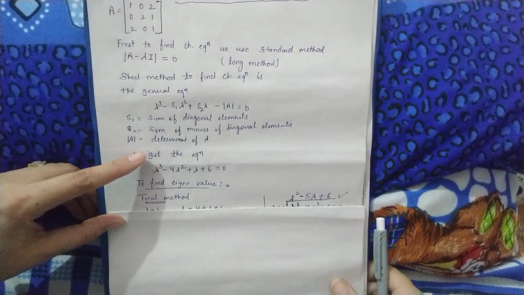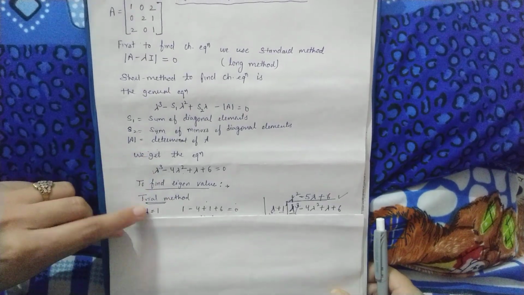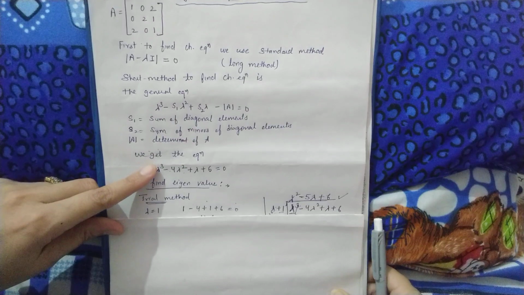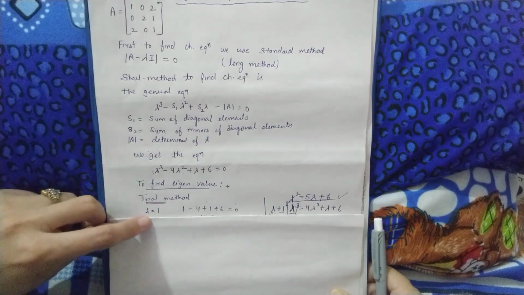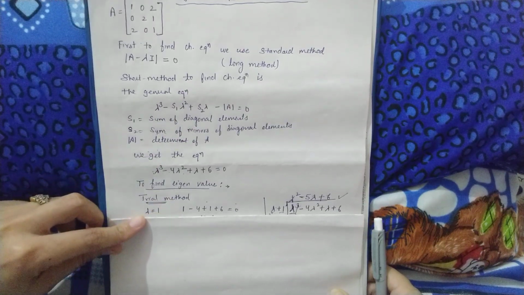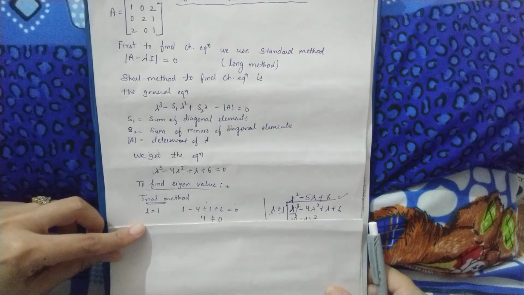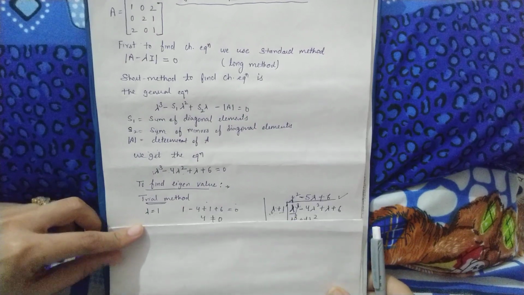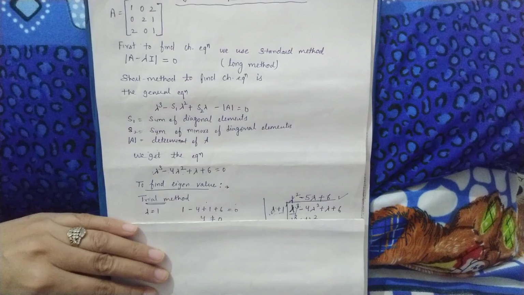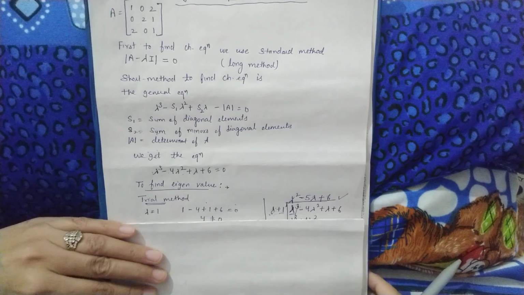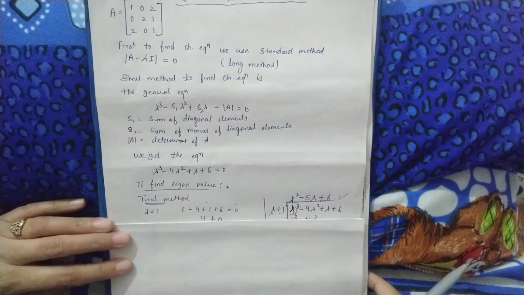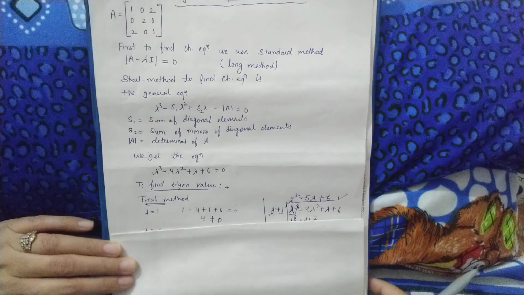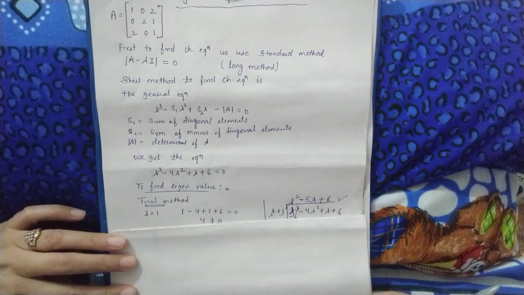For example, I am taking lambda is equal to 1. If I put lambda is equal to 1 here, we get 1 minus 4 plus 1 plus 6, which becomes 4, not equal to 0. That means it is not a root of the given equation, because it does not satisfy the equation. Again I try lambda is equal to minus 1.